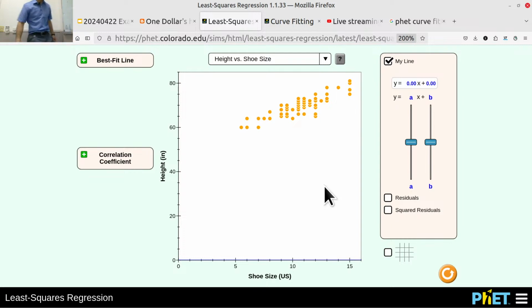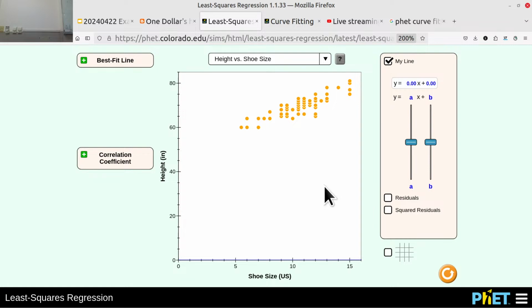Okay, here are some real data. You asked me the purpose of learning this part. In the past, there are tons of examples. This example is about height versus shoe size.